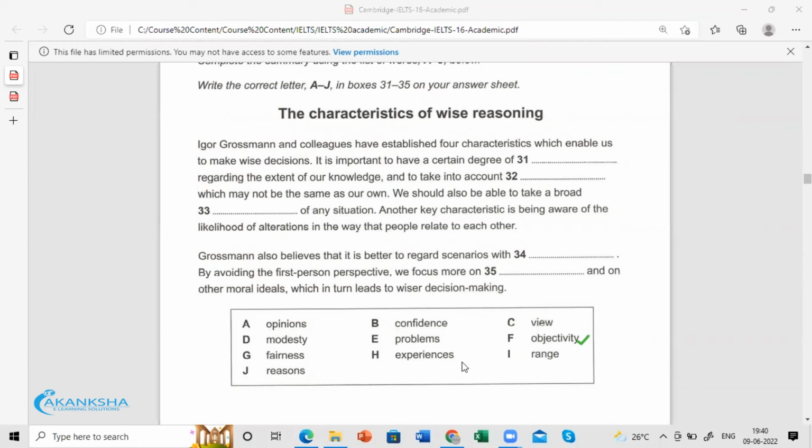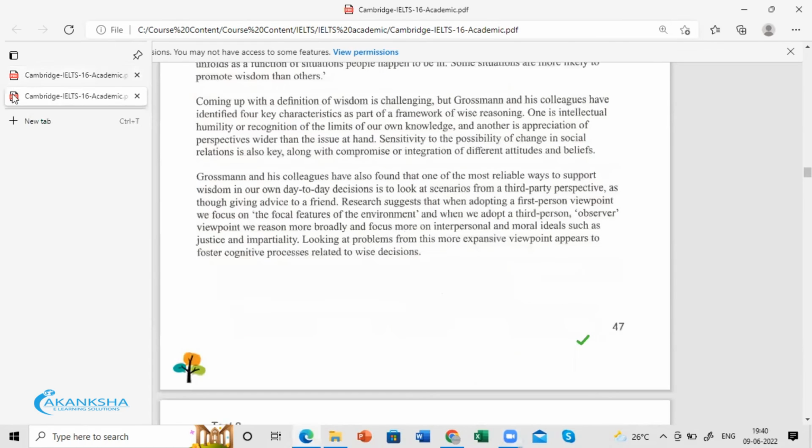Okay, or it's not range, because he is not talking about any boundaries as such. Neither does he talk about any experiences as such here. Scenarios with so and so. He is just trying to summarize everything, the first person, third person, everything put together.